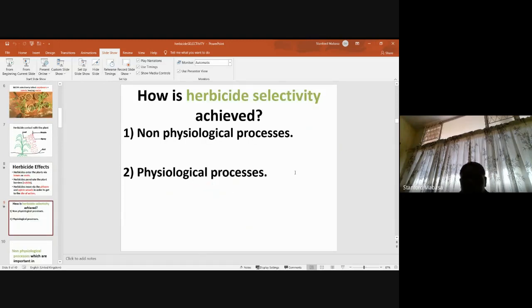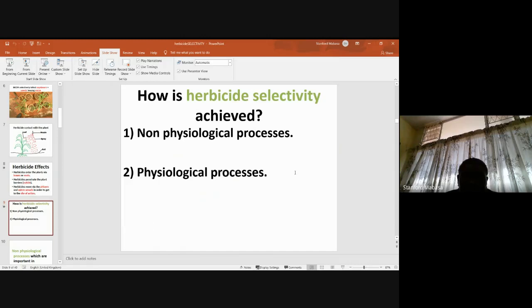Now, there are two approaches to herbicide selectivity. The first approach is when we explain or account for herbicide selectivity through non-physiological processes.